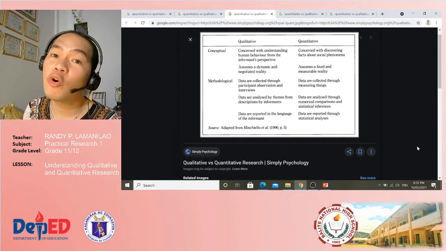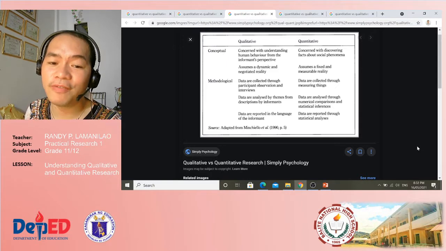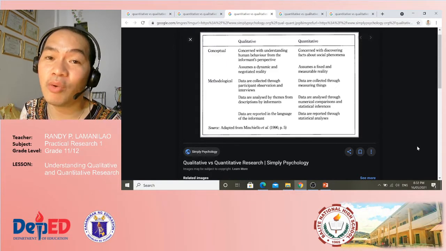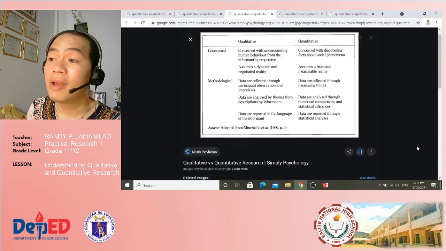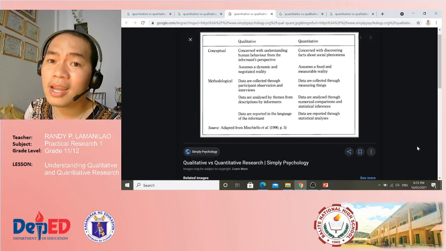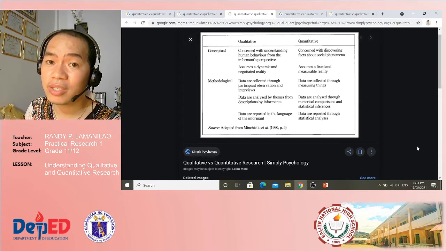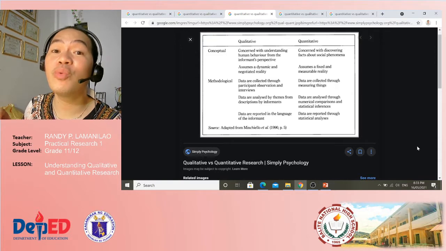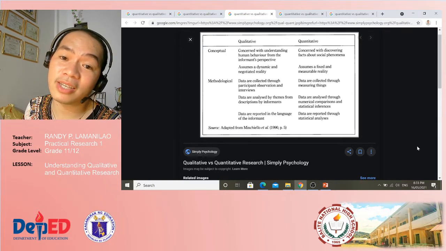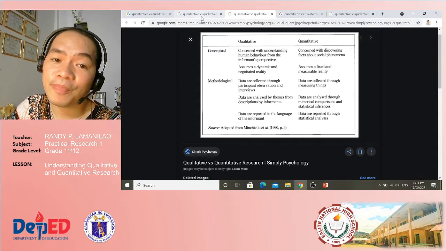Kailangan i-compute pa yun ng statistics. Data are reported in language of the informant. That's actually qualitative. Kapag Bisaya yung ini-interview mo, ilalagay mo talaga yung the way nila sinabi yung words. Okay? Sa quali. Kapag quanti naman, statistical analysis yung inilalagay mo sa results and discussion ng lesson mo or ng thesis mo. Alright.